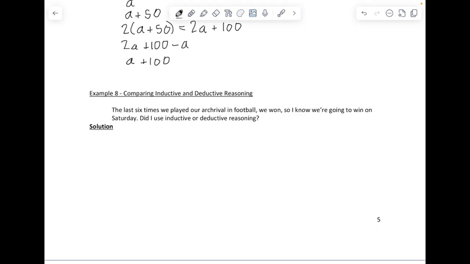It's not based on a general rule that we know to be true. In fact, we know that no team wins every game, right? So this is an example of inductive reasoning. If you won the last 6 times, that does not mean you're going to win the next time, right? So it's inductive reasoning.